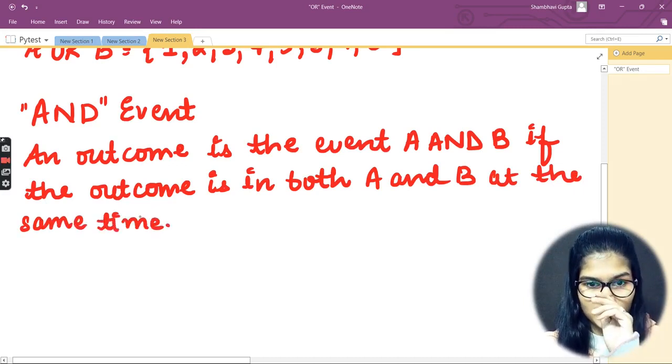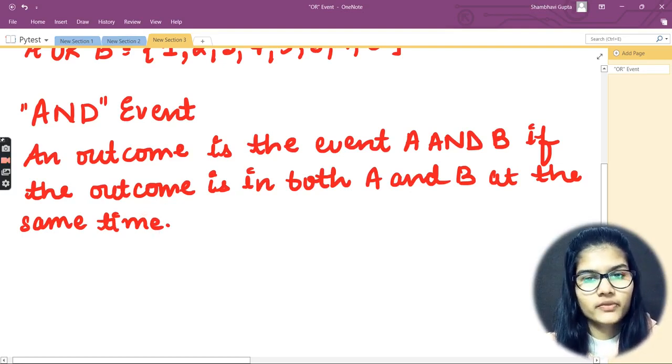So an outcome is the event A and B if the outcome is in both A and B at the same time.